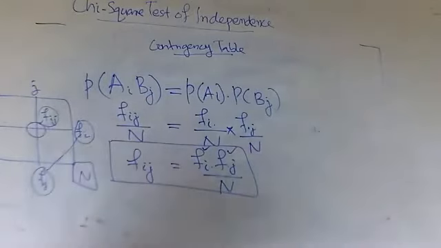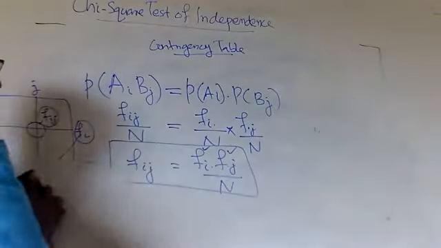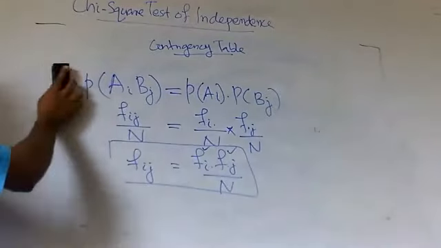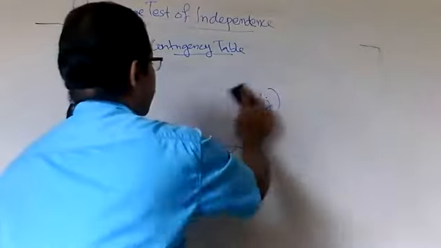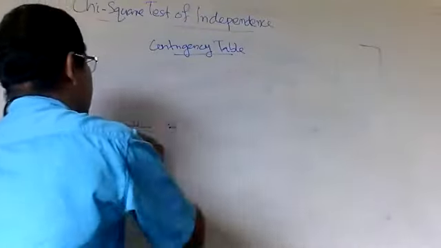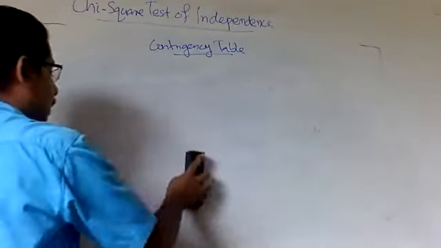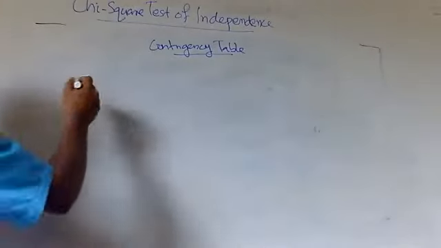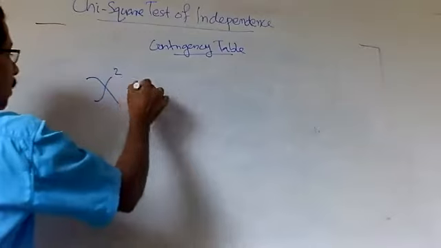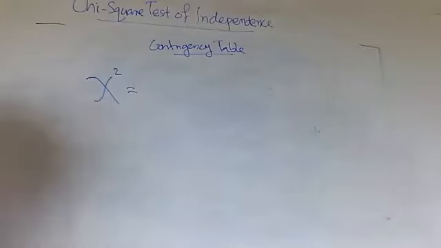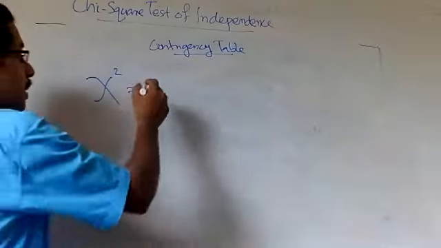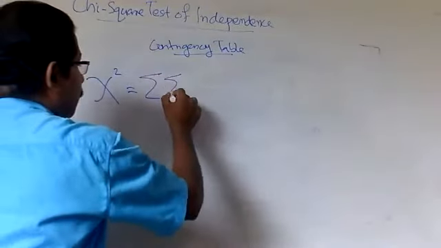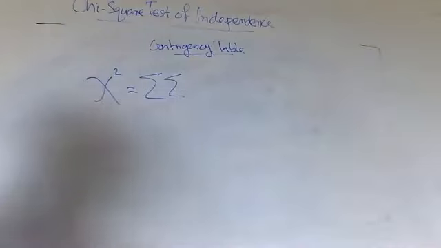Okay. Now, what will be the test statistic here? That you know, because we are testing chi-square. Our test statistic is chi-square. So what is the definition of chi-square? It is summation of Oi minus Ei whole square by Ei. But here the observations are given in matrix form, with rows and columns.